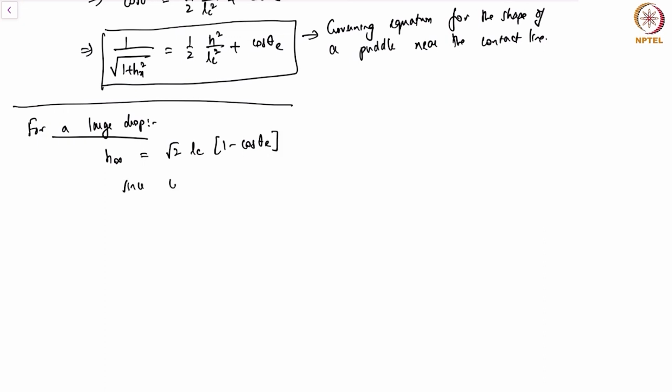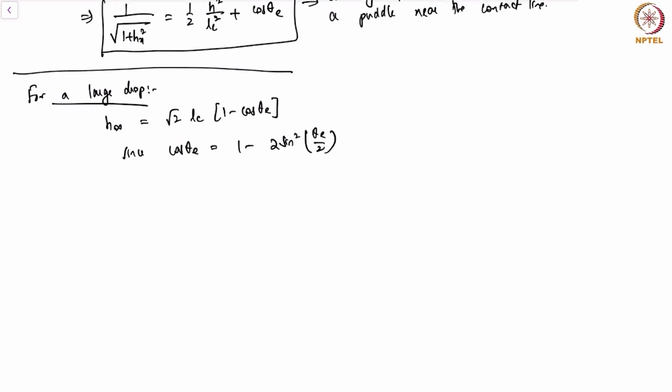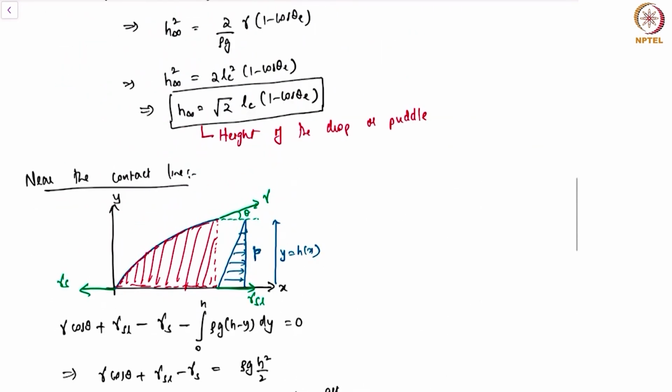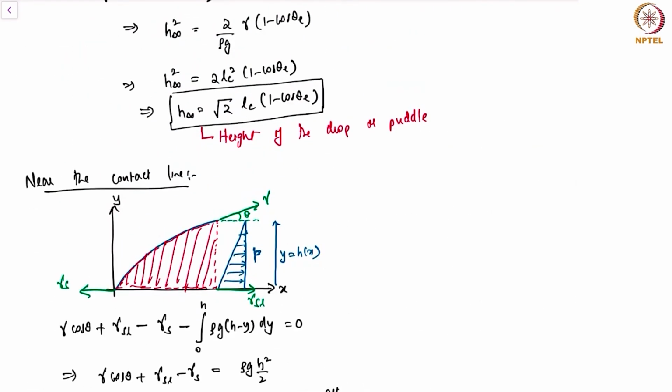Since cosine of theta e is 1 minus 2 sine square of theta e by 2, this will be square root of half. Did I move? Oh, I forgot this half here. Please correct that. This should be square root of half.